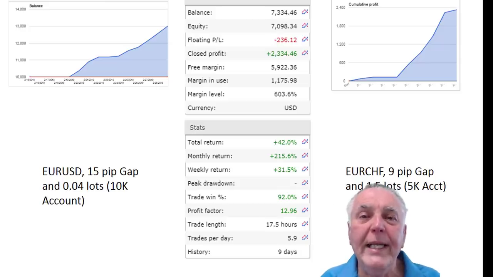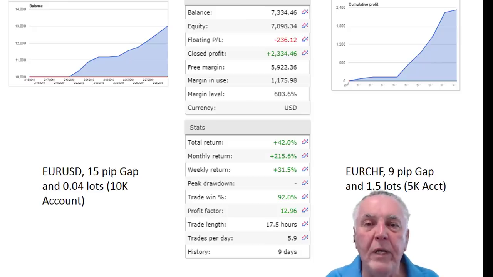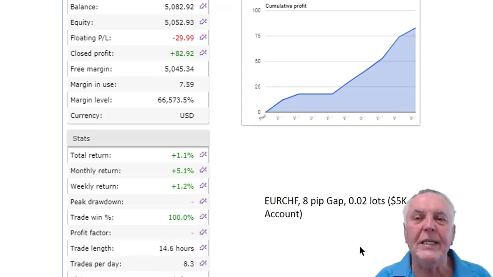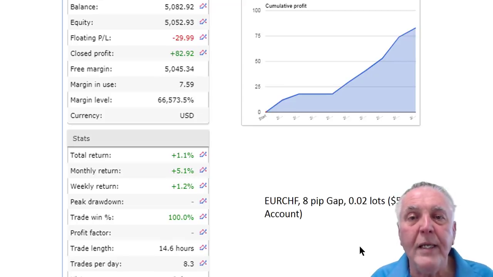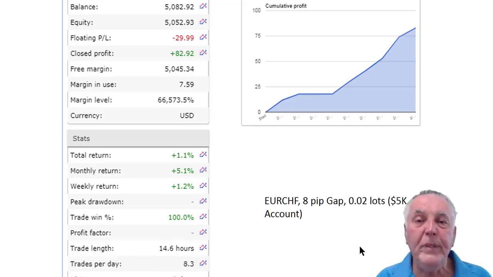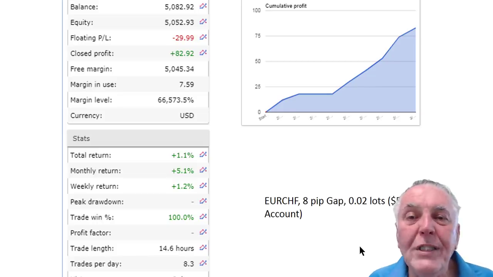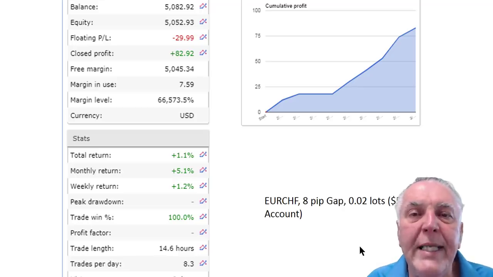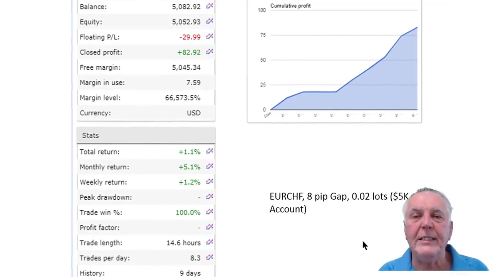So pretty good. Let's have a look at a more middle of the road strategy. This is the final strategy we're going to have a look at. Here's another Euro franc trade. It's on 8 pips, but this time the lot sizing is a lot smaller than the previous example, and they started trading at the same time.